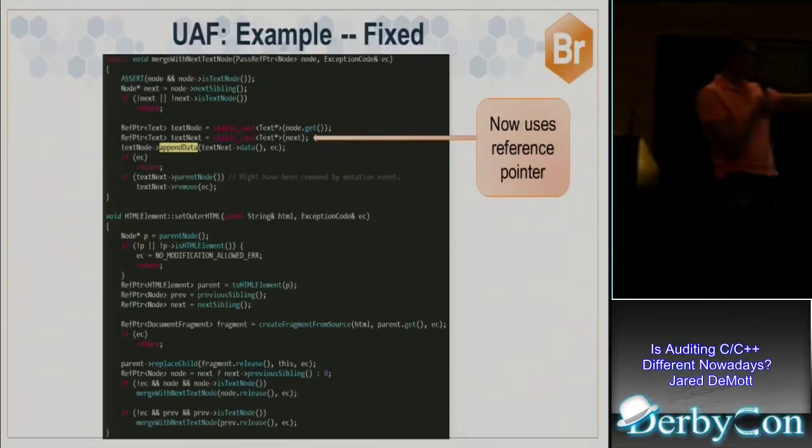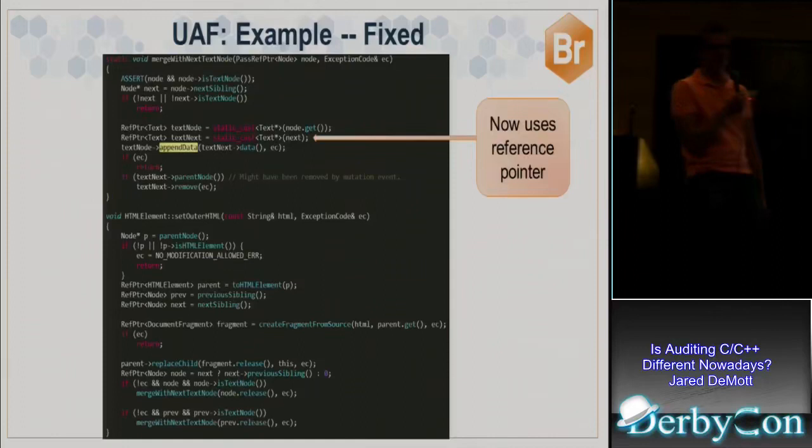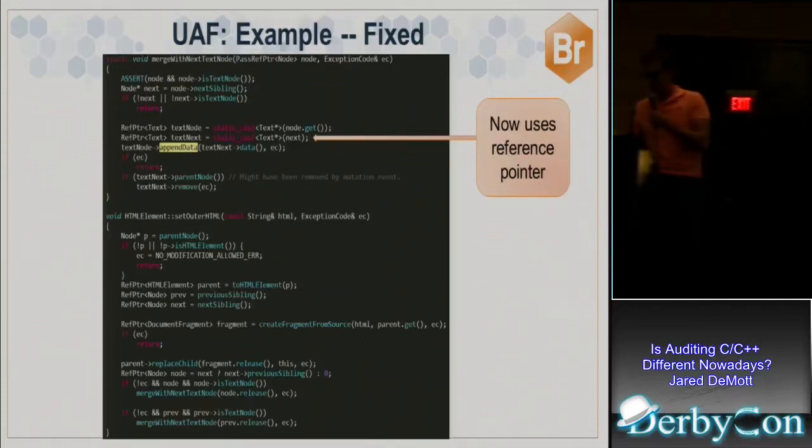And they use a reference pointer inside of here, and on top of that, they check to make sure it's valid, that it hasn't been removed, and then they do whatever it is they wanted to do, this textNext remove. Okay, so they just do some more sanitization, basically, some more input checking to make sure that we're dealing with an object that's still valid. Okay, so the fix for that is not necessarily insanely difficult. It's just that spotting those bugs can be a bit challenging.